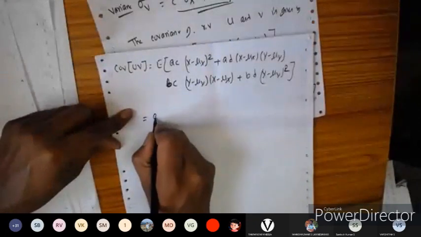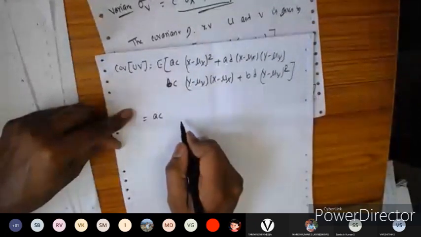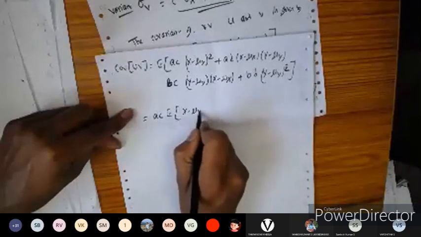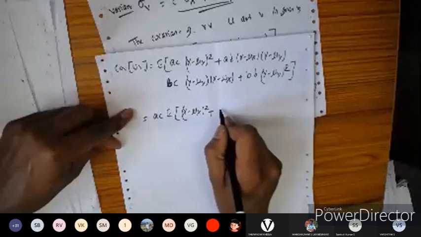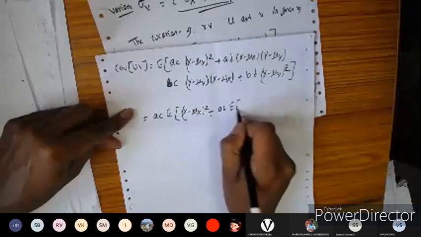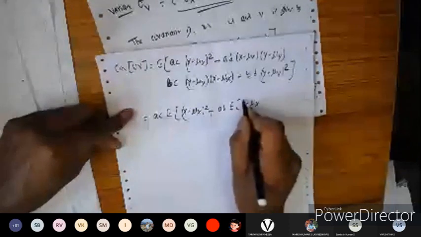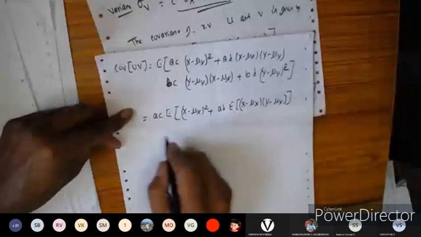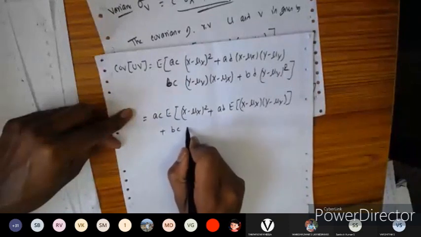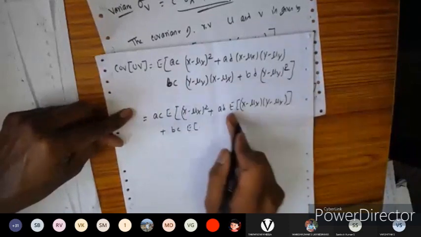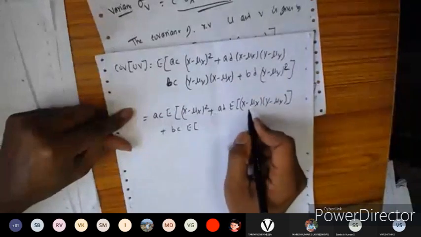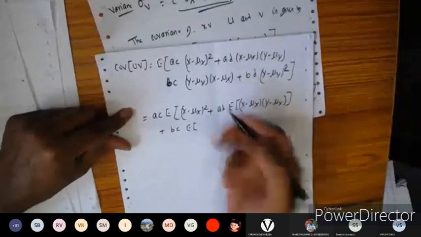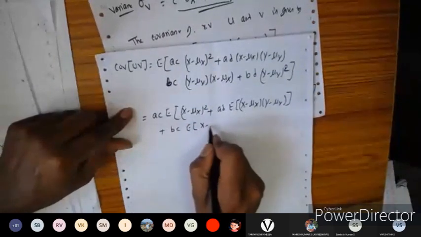So here A into C is a constant, and the expectation of a constant is the constant only. So it is the expectation of (x − νx) the whole square, plus A into D times the expectation of (x − νx)(y − νy), plus B into C times the expectation of (x − νx)(y − νy).